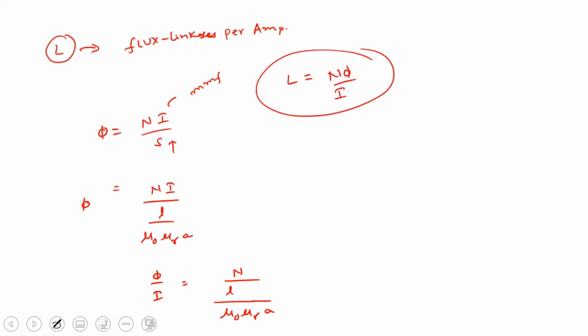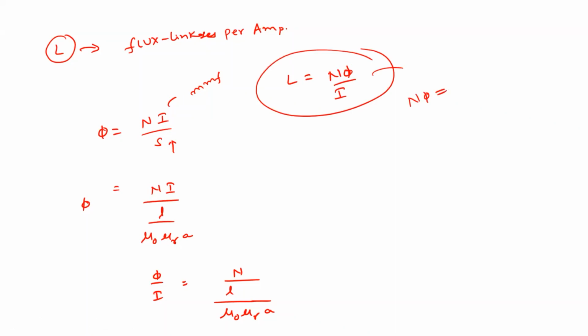Have you ever heard this? So the unit Henry is Weber turns per ampere. What is N phi?